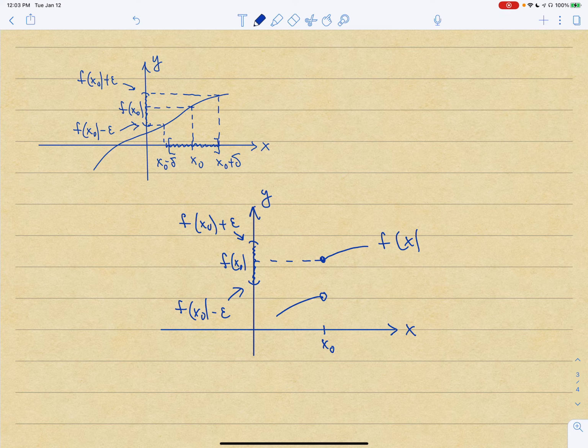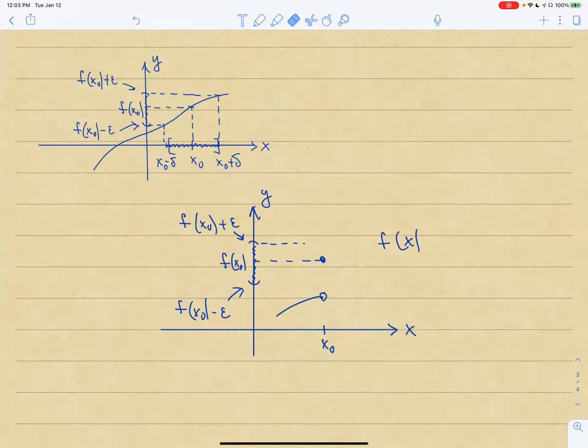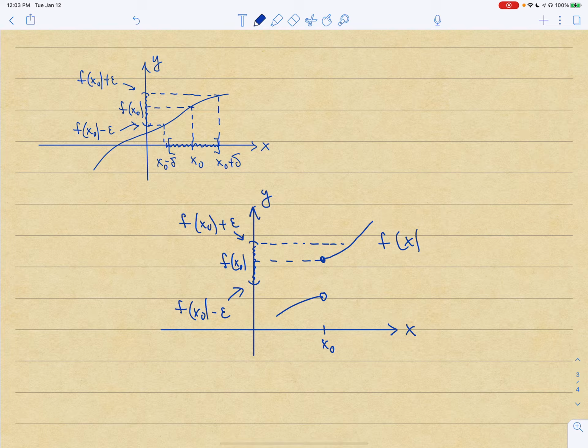Well, so follow the same procedure as before. Maybe let's modify this function a little bit, like that. So go down onto the x-axis. Go down to, oops, but this does not intersect the graph of the function.